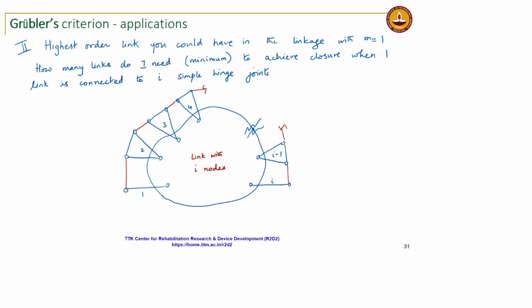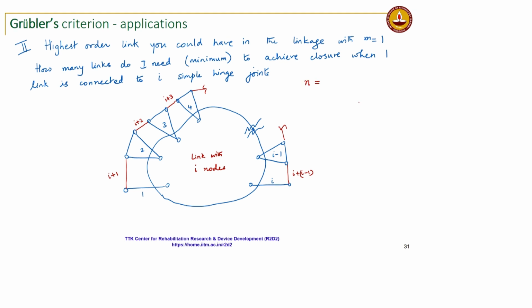So, how many links? Now, count the number of links that I have. I have I links here. Okay. So, then this is I plus 1, this is I plus 2th link. Okay. This link would be I plus 3. Therefore, this link will be I plus I minus 1. Okay. So, what is my total number of links now?